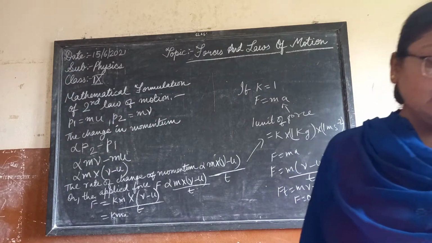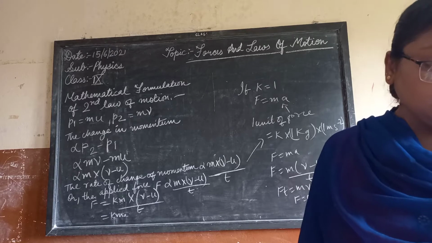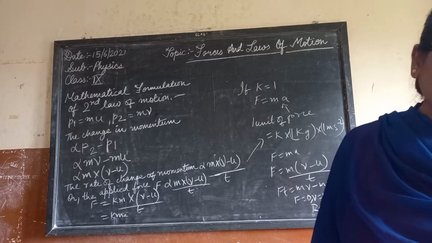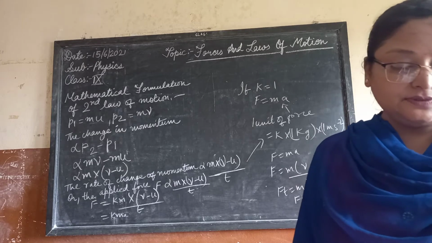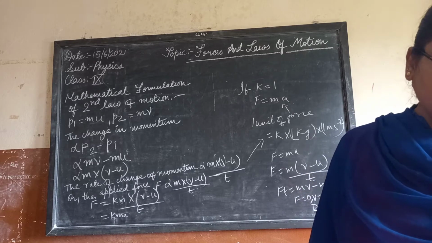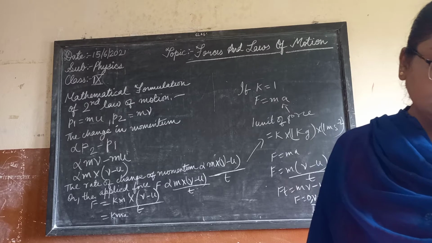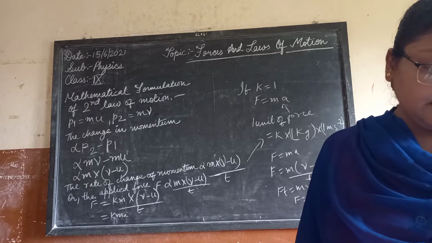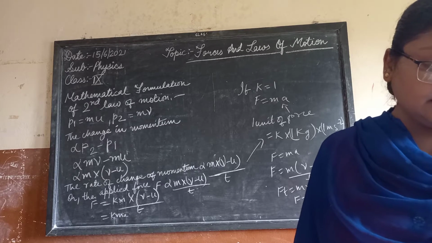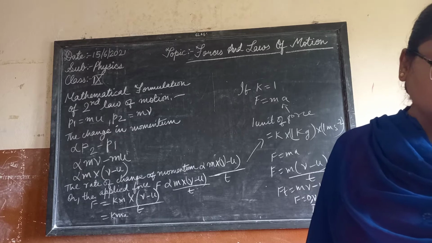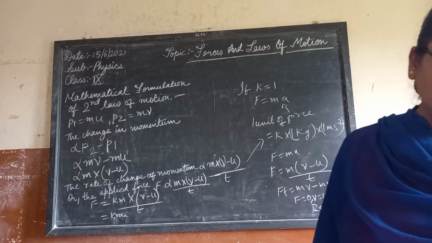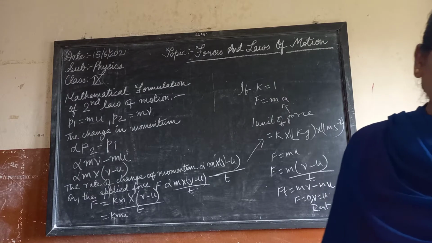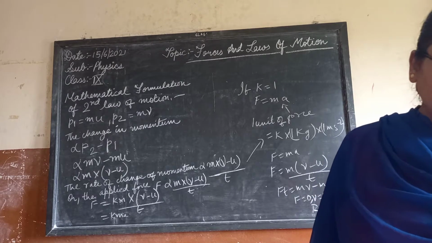Now suppose an object of mass m is moving along a straight line with an initial velocity u. With uniform acceleration, the velocity changes to v in time t.